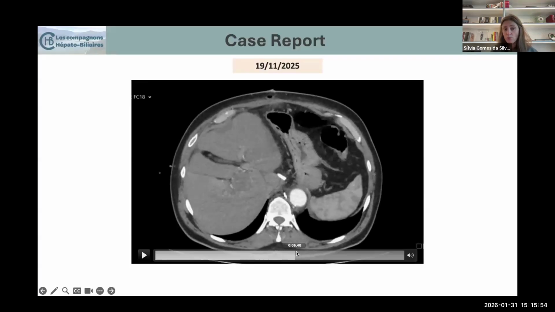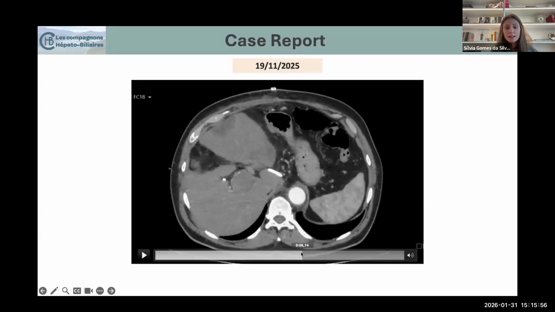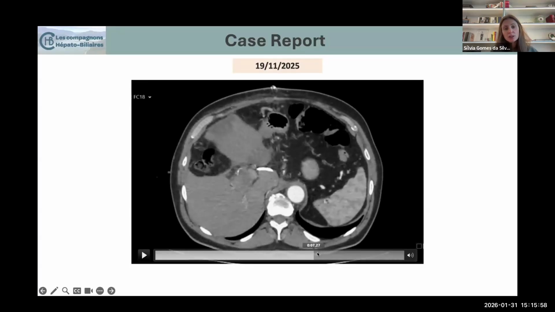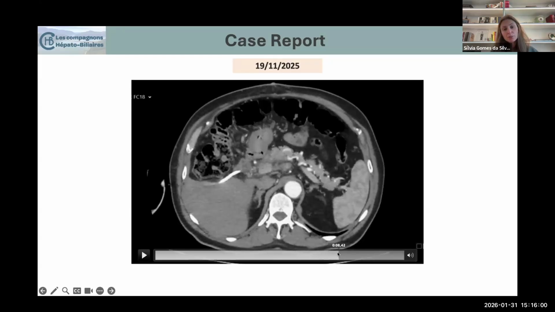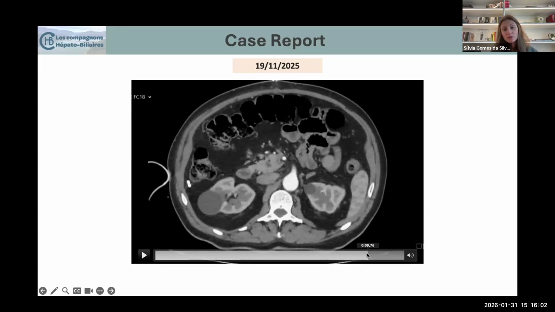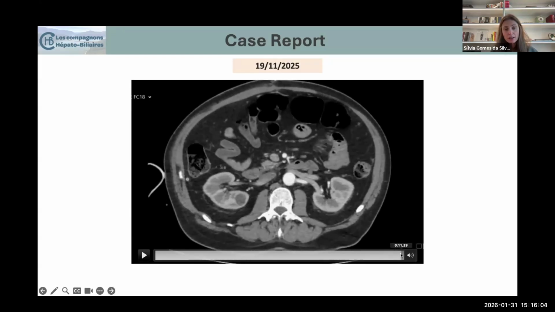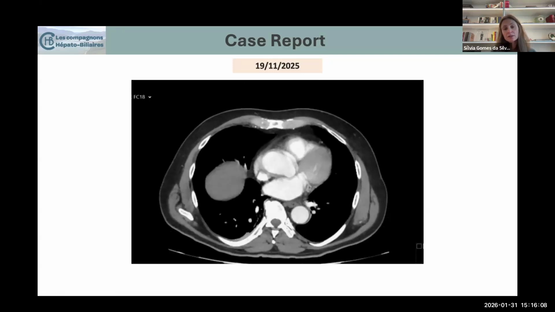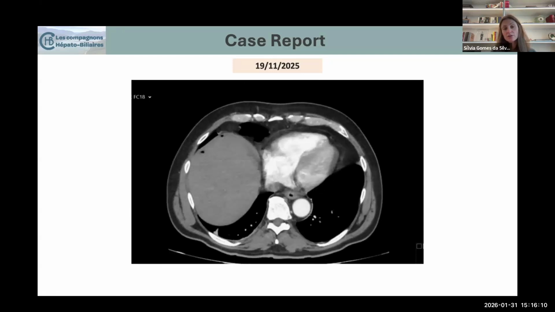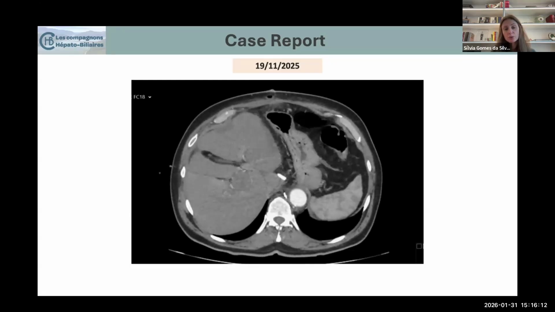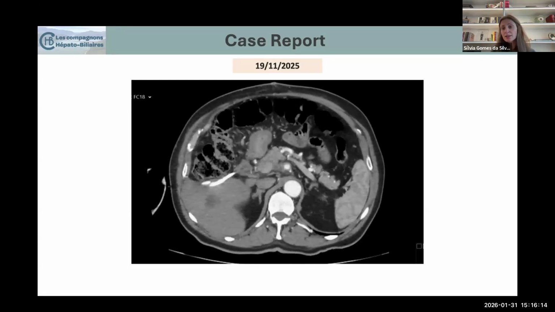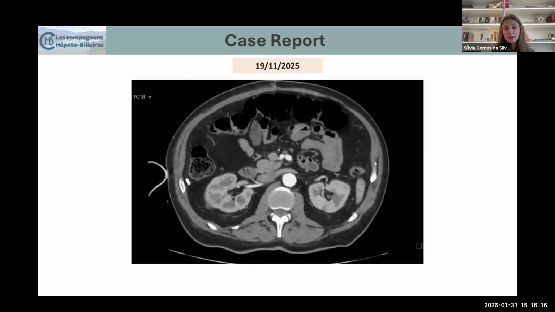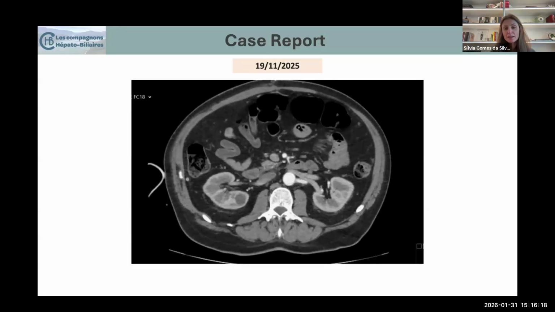We don't know from where, but the patient went very well, with an uneventful post-op, and went home at day 7. So actually, this liver lives without artery.